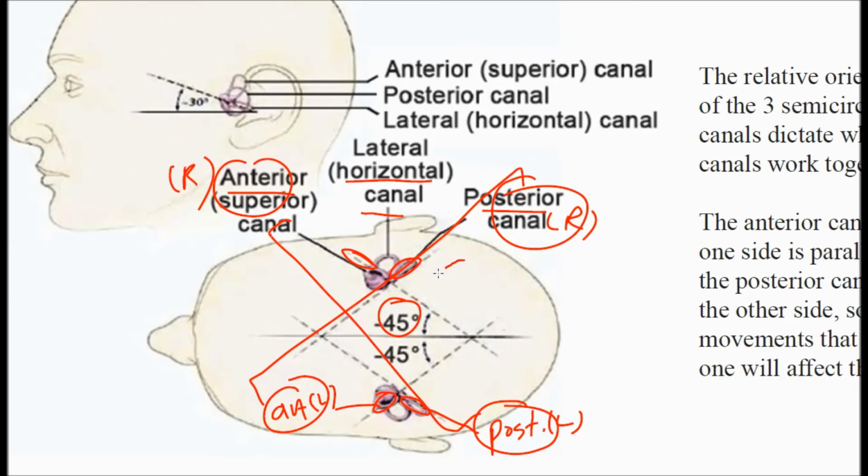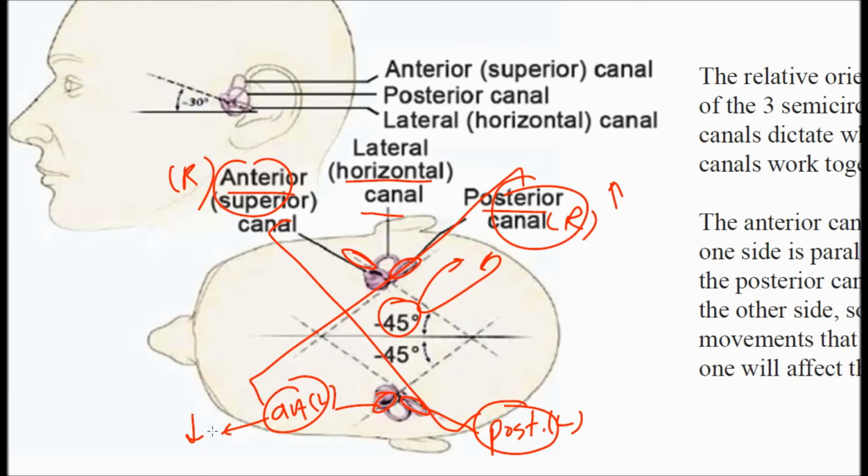So for example, if the head is moving in this plane, rotating in this plane, posterior canal on the right side will be maximally rotated. When it's maximally rotated, for example, this anterior on the left side will be minimally activated.